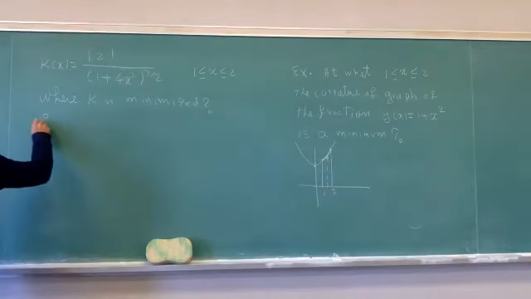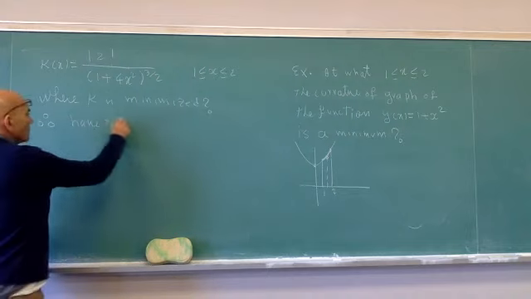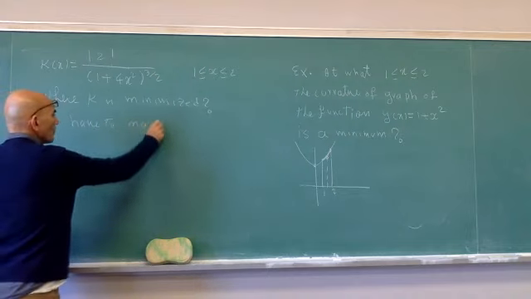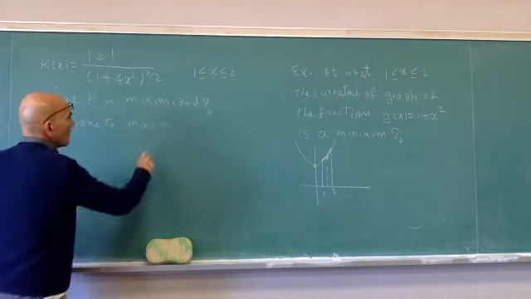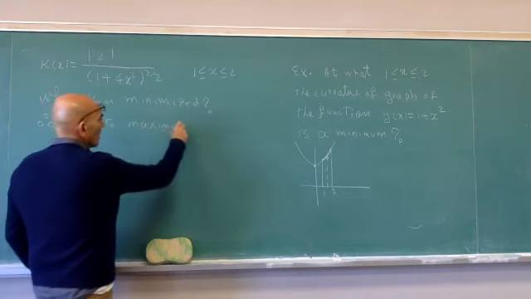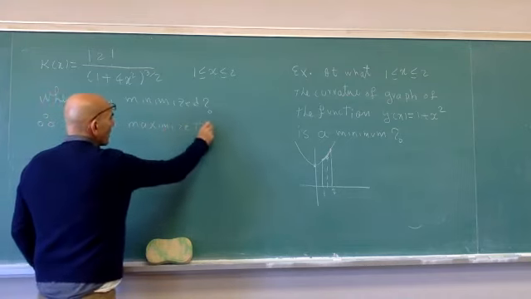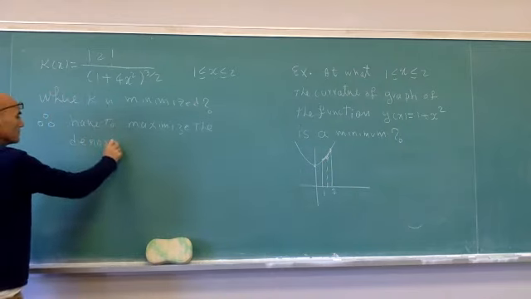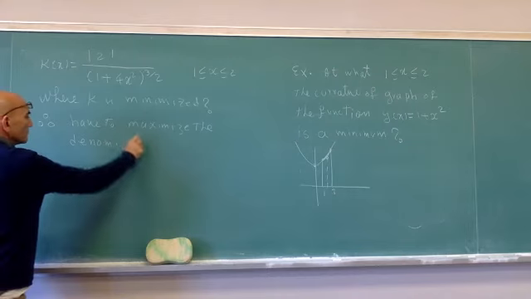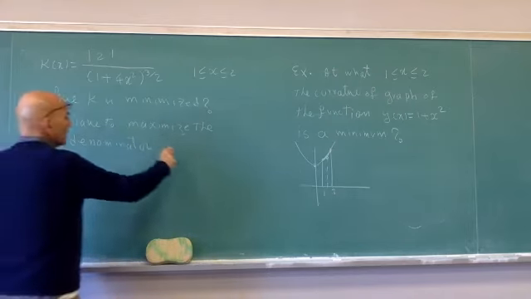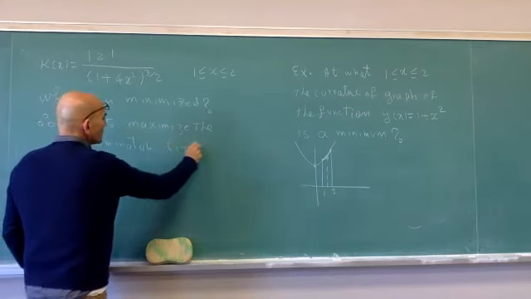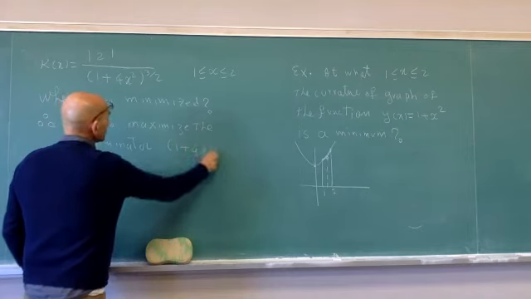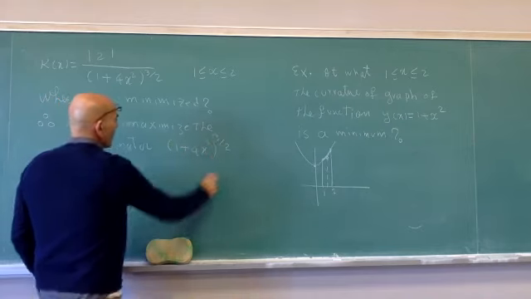So we have to maximize the denominator, which is 1 plus 4x squared to the power 3 over 2.